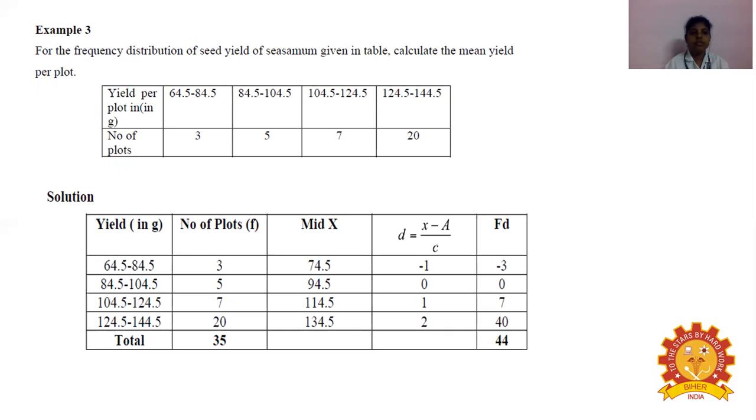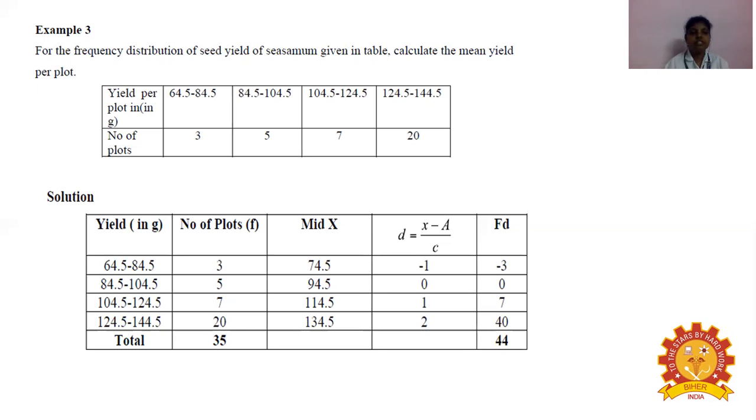Yield per plot in grams is given: 64.5 to 84.5, next 84.5 to 104.5, next 104.5 to 124.5, finally 124.5 to 144.5. The number of plots given is 3, 5, 7, 20.